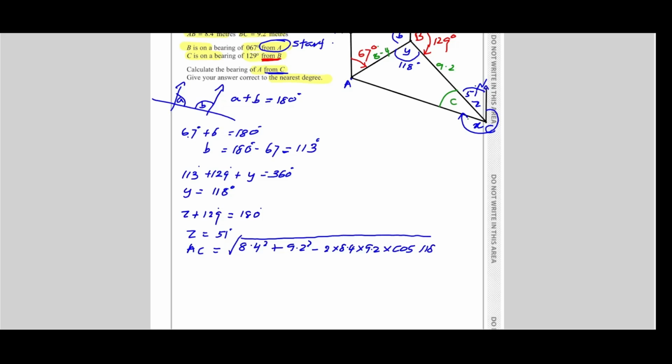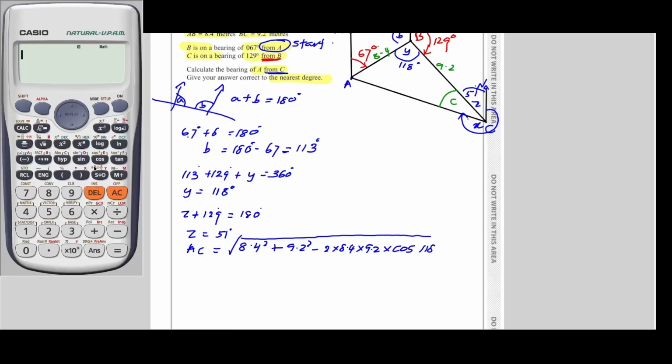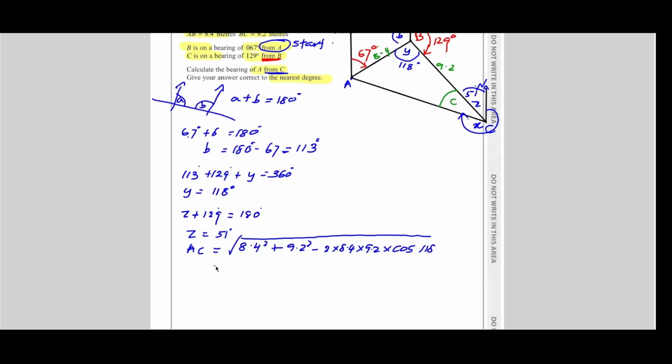So let's use the calculator straight away. Root 8.4 squared plus 9.2 squared minus 2 into 8.4 into 9.2 into cos 118 equals 15.091.